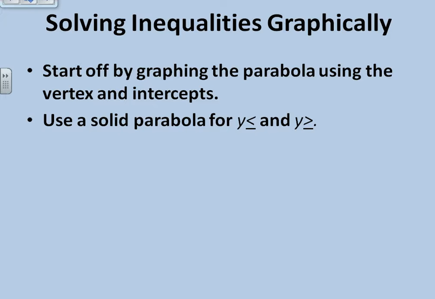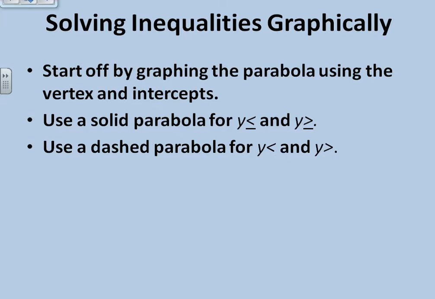If we have the or equal to option there, we're going to make a solid parabola. We'll use a dashed parabola if you don't have that or equal to, so for instance, you just have y is less than or y is greater than. We'll look at a couple of examples like that, and I'll explain the difference between a solid parabola and a dashed parabola.